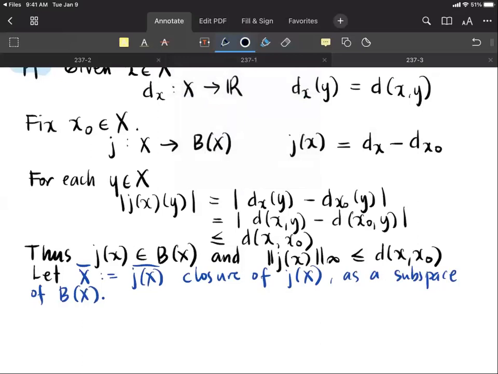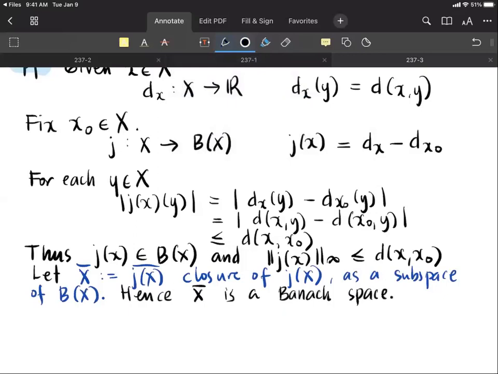We have mentioned last time that a closed subspace of a Banach space is also a Banach space. Hence, X bar is a Banach space.